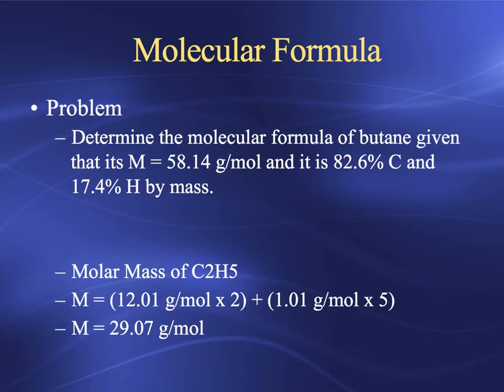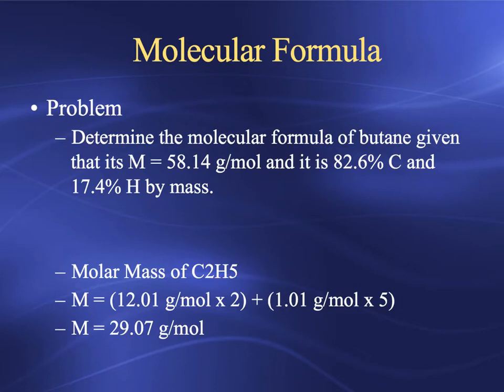Now, how do we figure out what the actual formula is? Is it C2H5? Well, we know the molar mass of the whole compound given for butane: it's 58.14. We need to figure out whether this is the actual formula.